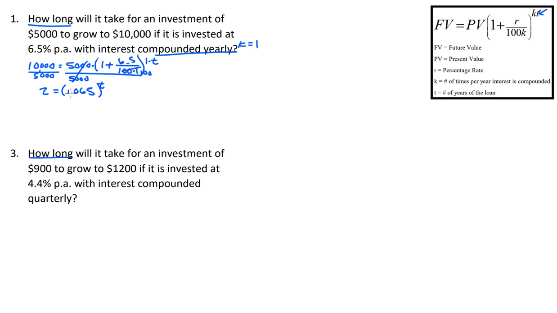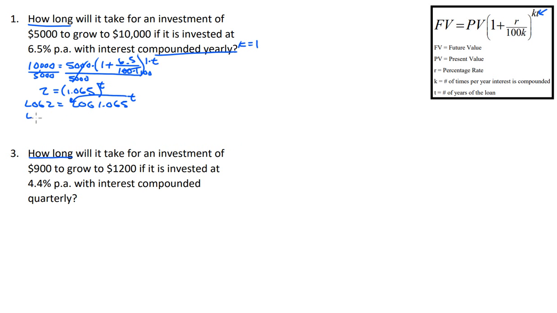Okay, so now that we have this here, what we want to do is change this. Since we've got an exponent here that we're trying to solve for, we know we have to do log. So we'll do log of both sides. Log 2 equals log 1.065 to the t. And remember, once we do the logarithm, this t can come out front.